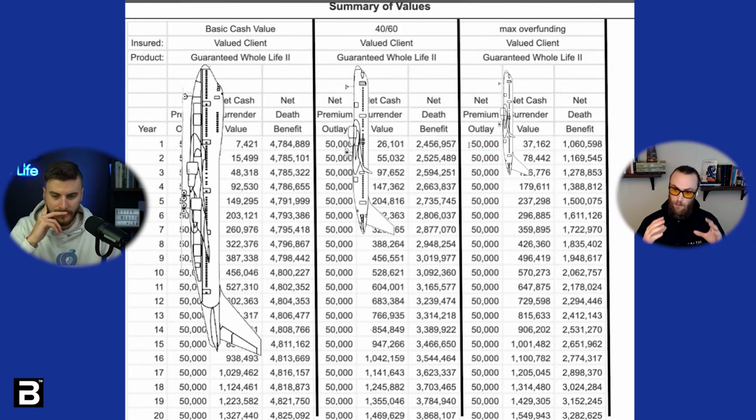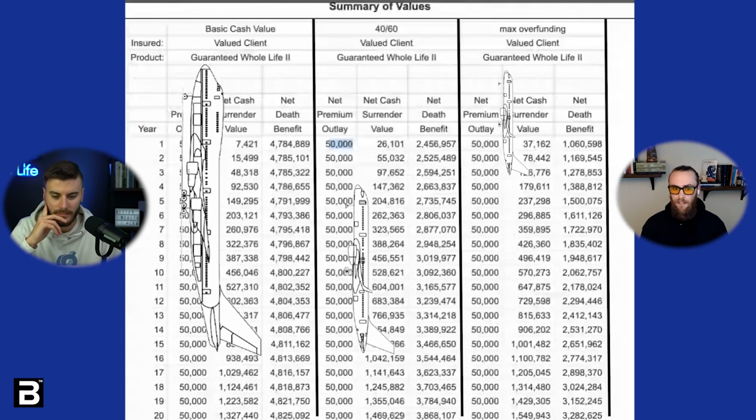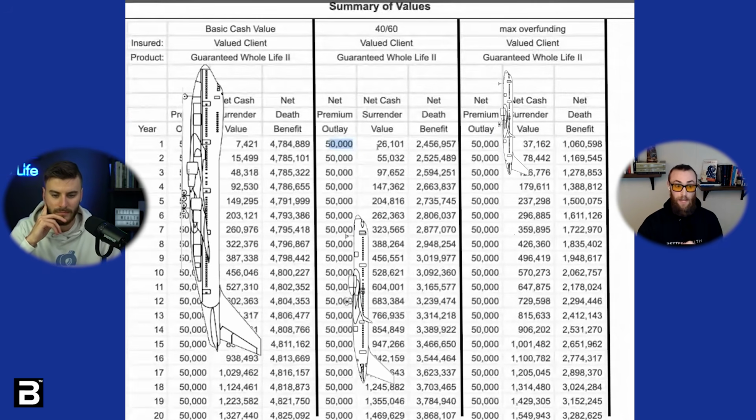You're filling that plane up. It's a small plane, but it's full. It's very efficient. Yep. This middle one, it's closer to a 747. So we're putting in the same dollars, because we're looking at the same amounts across all the policies, but it's only half full. So what does this mean?